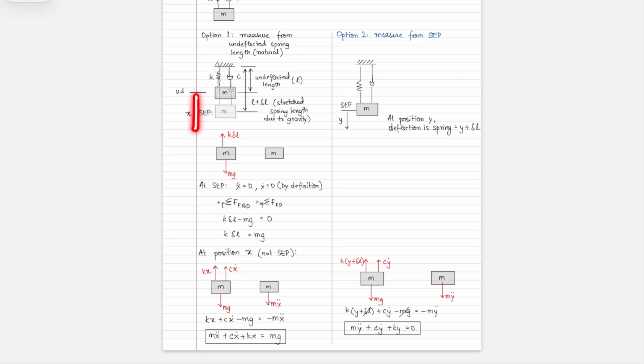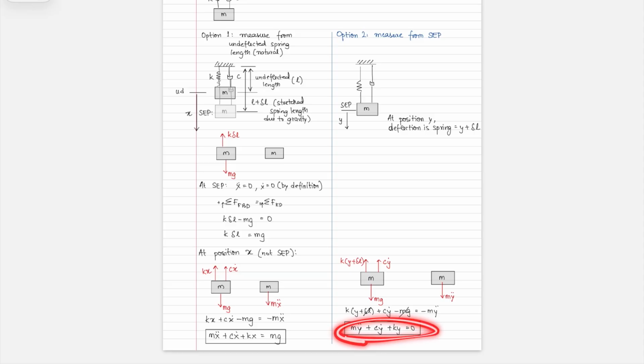If you're measuring from the undeflected position, that x includes the delta L, and so you get an equation that has mg to account for that. Instead, if you measure from the SEP, your y starts from a position where the mg term has already been cancelled out, and so you get this as your equation of motion.